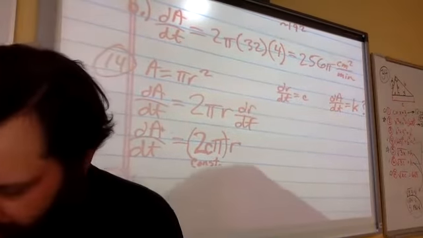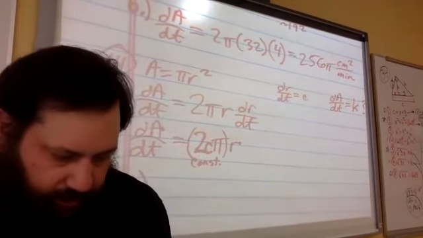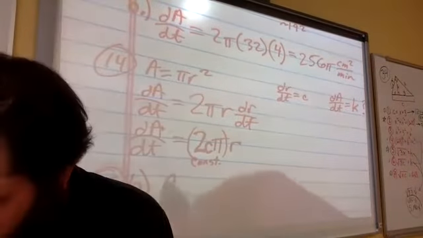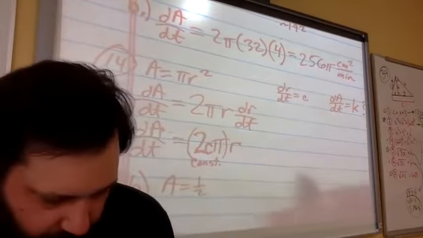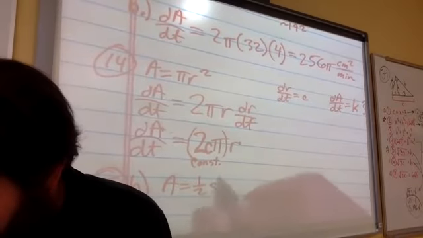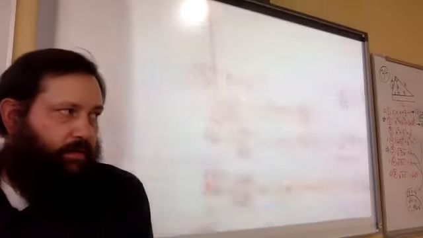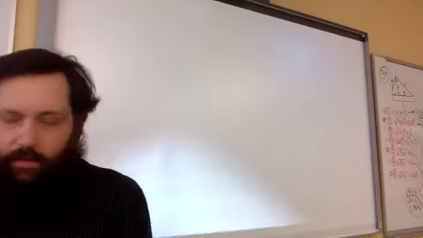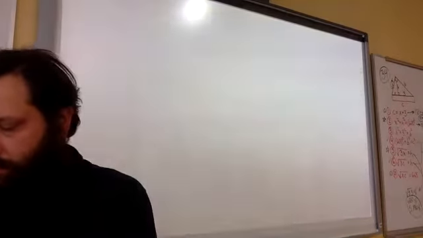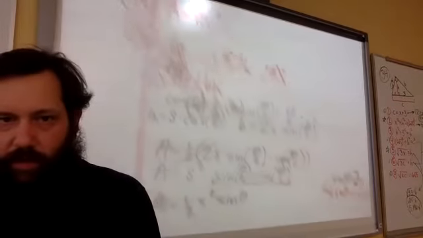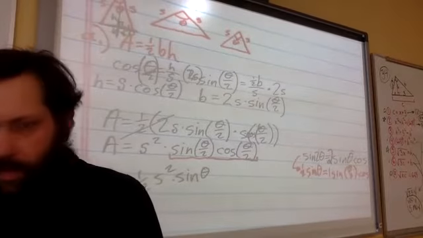So 15. What's the formula you use for 15? Oh, we're on B for 15. Oh, it gave it to us. A equals 1/2 s squared sine theta. Wait, hang on, didn't we do that? It depends on if you wrote it down. It's right here.